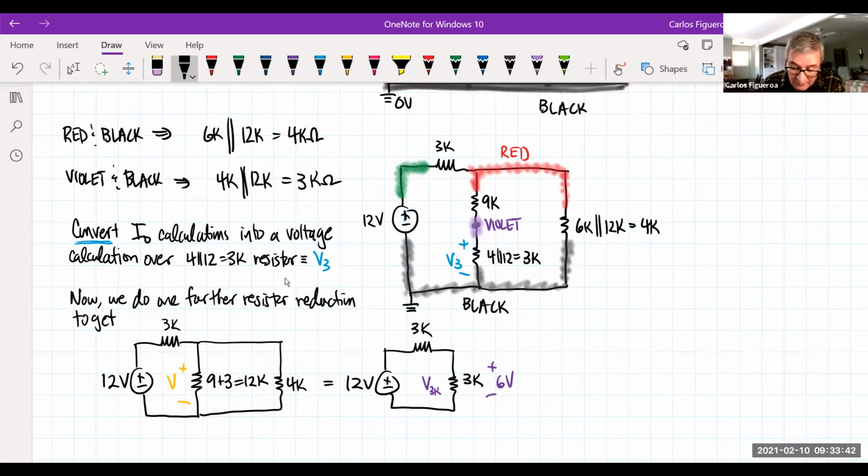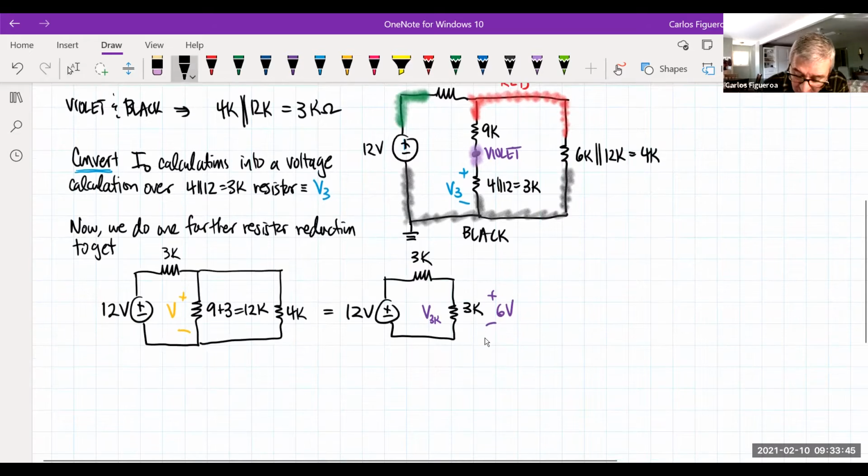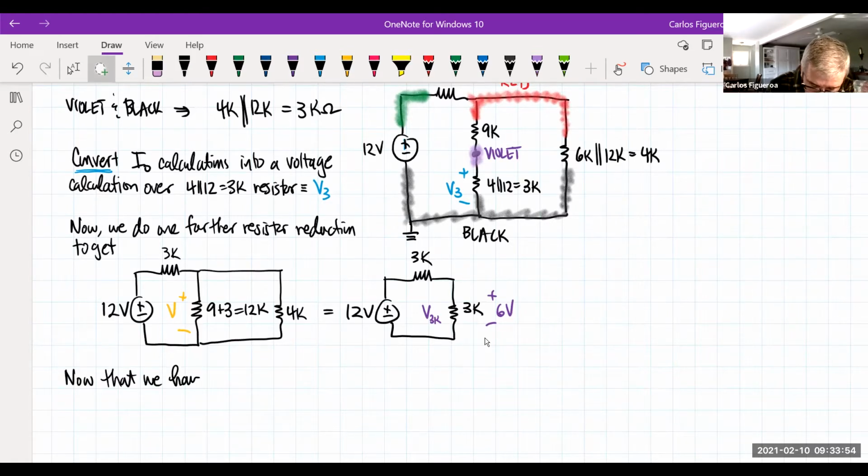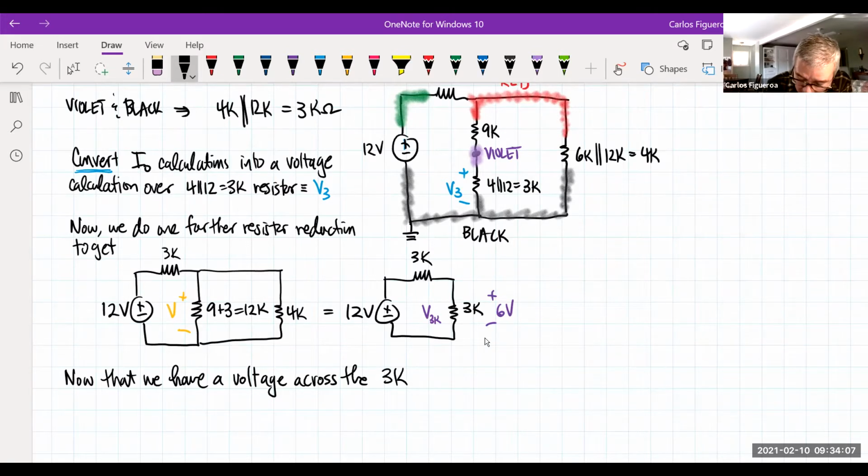Now that I have the voltage across this 3K, and what I mean by that is this purple 3K, which is 6 volts, I now uncompress the circuit.